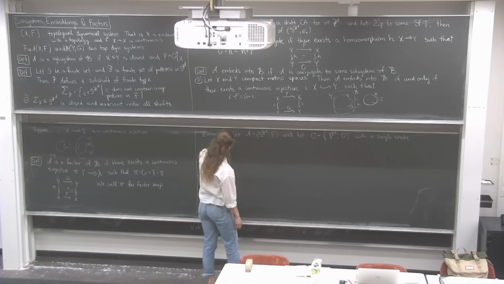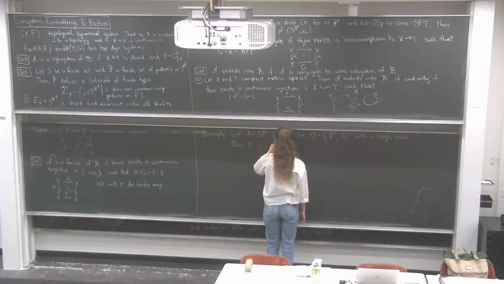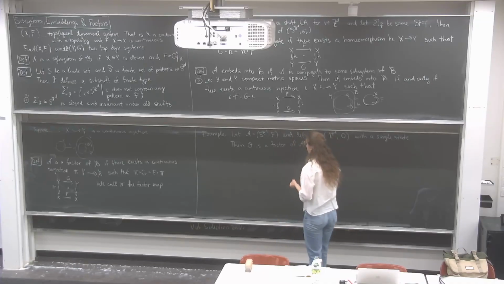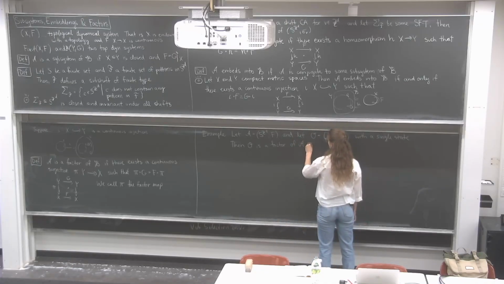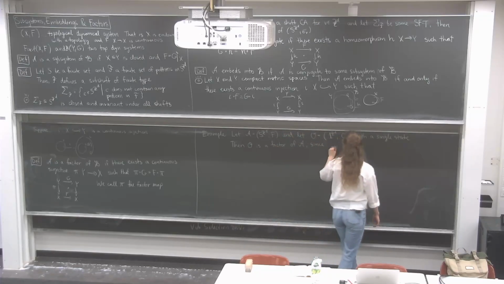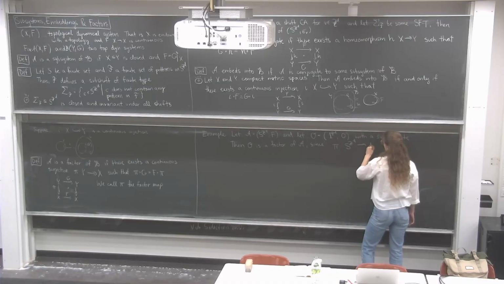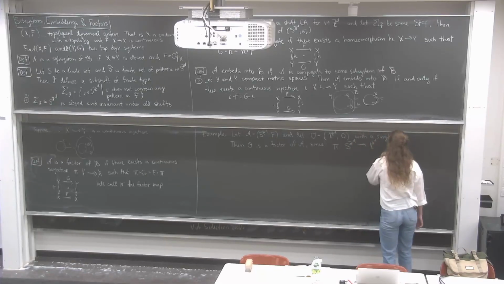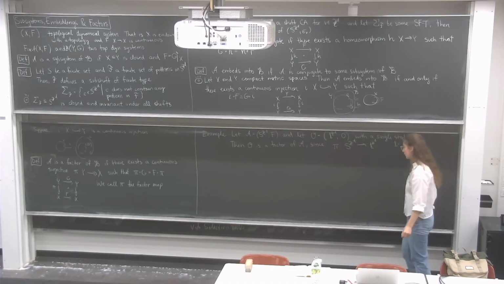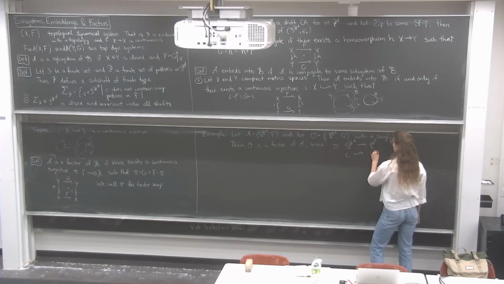So then O is a factor of A, since P, so for instance, 1 can be a set containing just 0, sends every possible configuration to this one configuration.